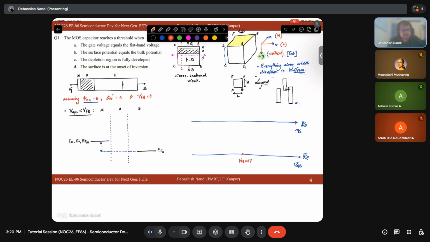Okay, just tell me this thing. What is the x-axis in the energy band diagram and what is the y-axis? What is the x-axis and what is the y-axis in this diagram? Ashwin, care to answer?